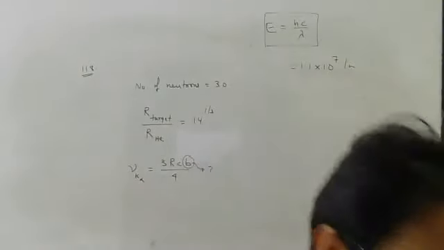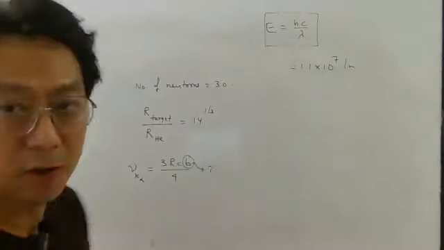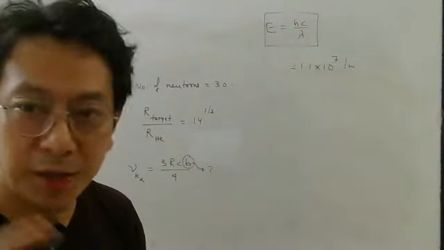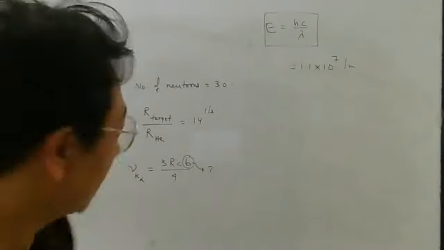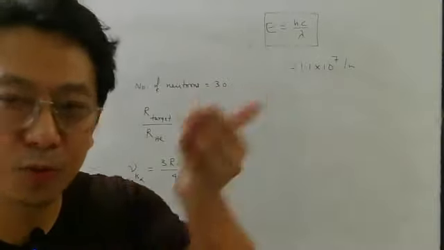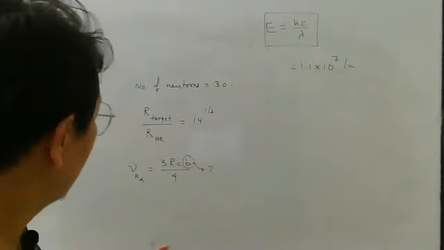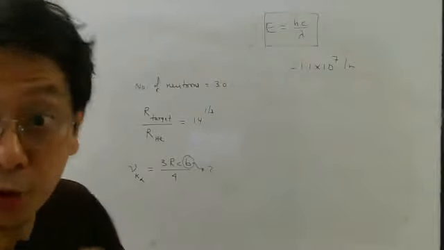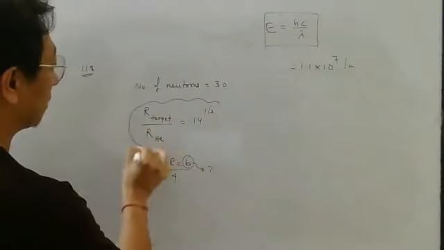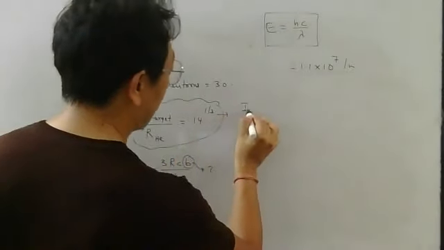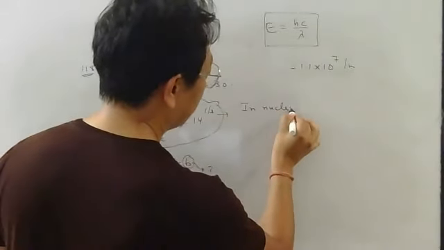So frequency, how to find for any X-ray? We need to know from where to where it comes, because it is characteristic frequency, and K alpha means we know from 2 to 1, easy. Only thing is we need to know atomic number. Atomic number will come from here. How? In nucleus chapter, what we learned?